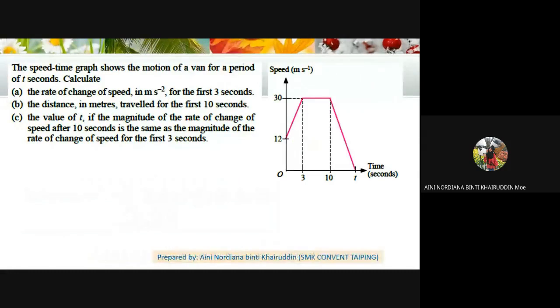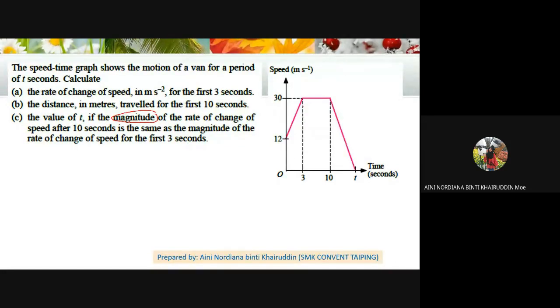Question C. The value of T if the magnitude of the rate of change of speed after 10 seconds is the same as the magnitude of the rate of change of speed for the first 3 seconds. So what the meaning by magnitude? Magnitude ni adalah value.